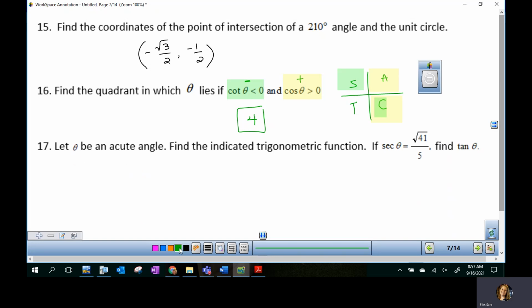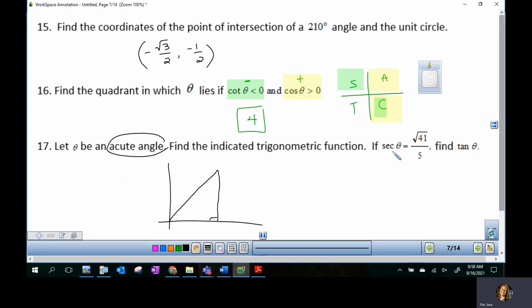Okay, if it is an acute angle, where is it? What quadrant? 1, between 0 and 90, that's quadrant 1. So we know we have a triangle in quadrant 1. Secant is the reciprocal of cosine. Cosine is what over what?